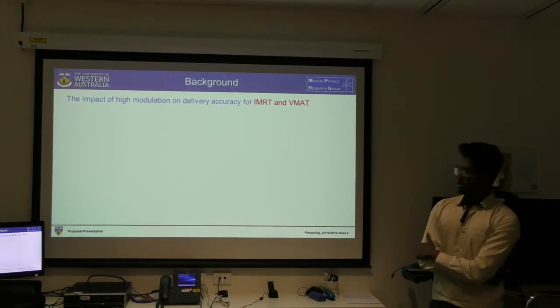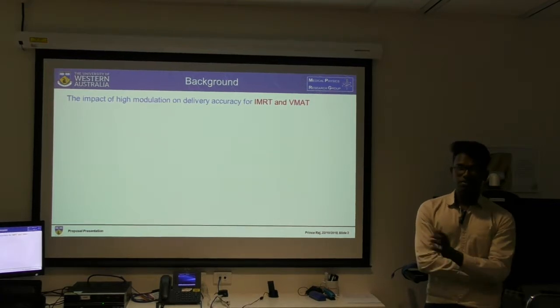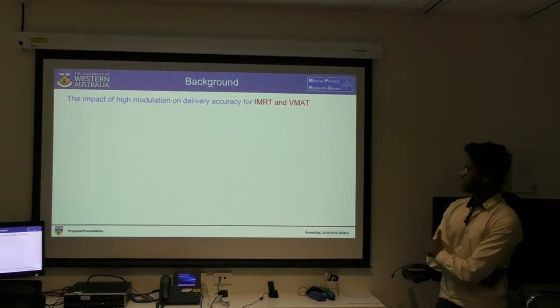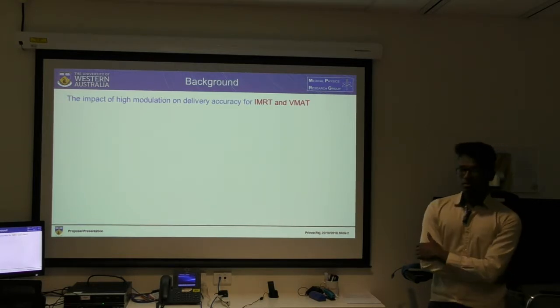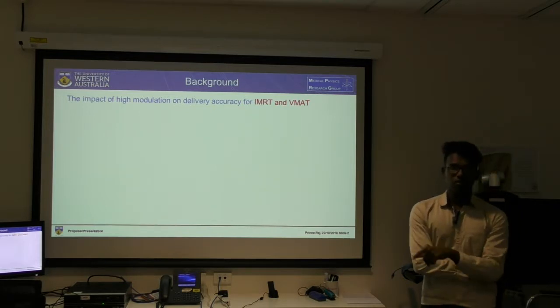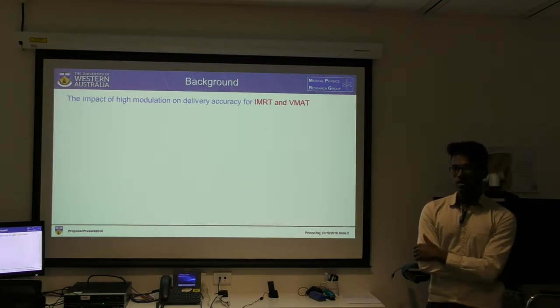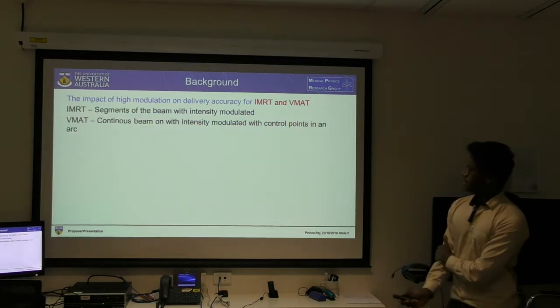In IMRT the intensity is modulated along each segment, and the segments are selected during the treatment planning. VMAT is similar to IMRT, but it changes along the whole arc with the control points. The intensity is being modulated along the whole arc.